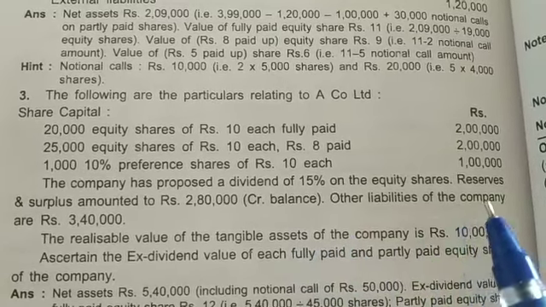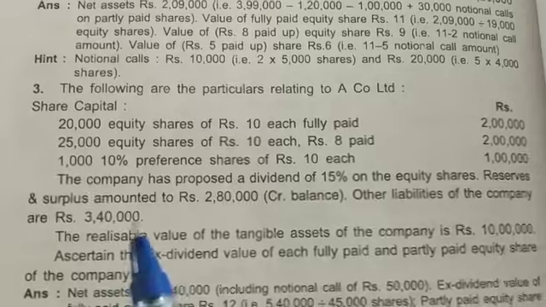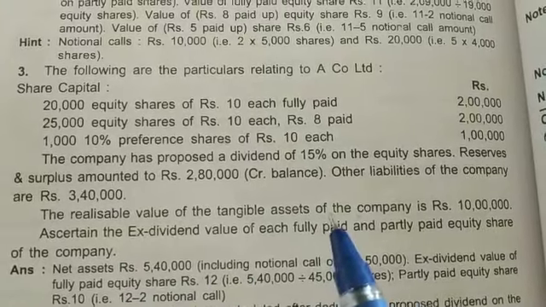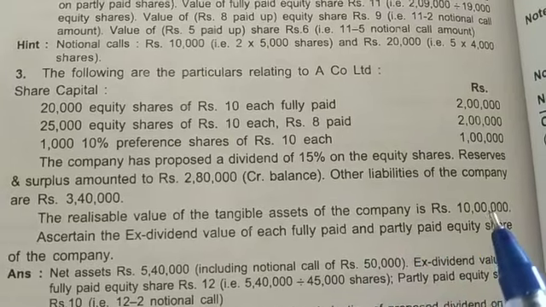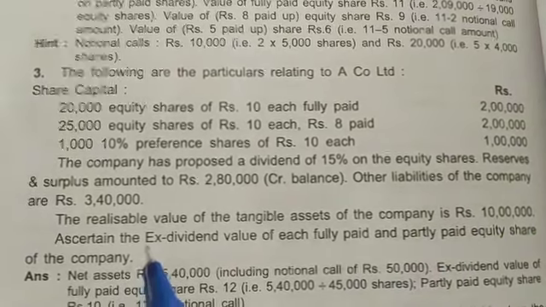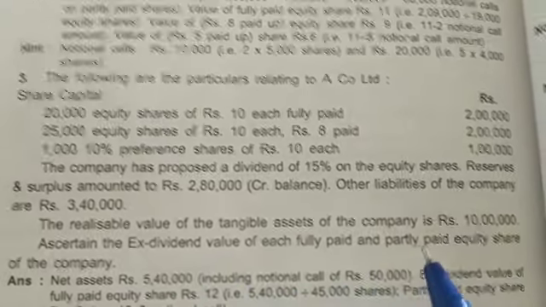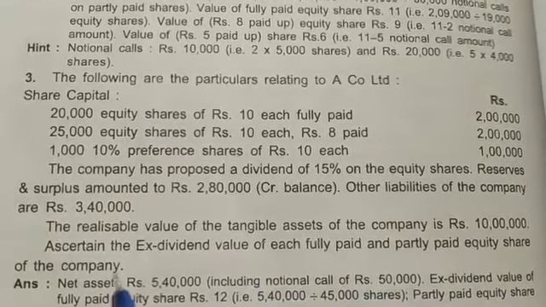Other liabilities of the company are rupees 3,40,000. The realizable value of the tangible assets of the company is rupees 10 lakh. Ascertain the ex-dividend value of each fully paid and partly paid equity share of the company.